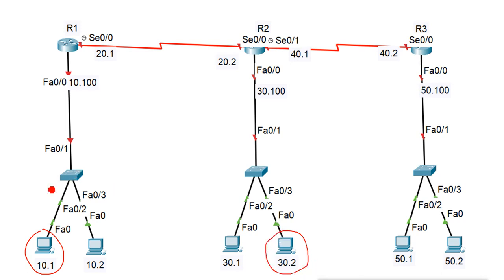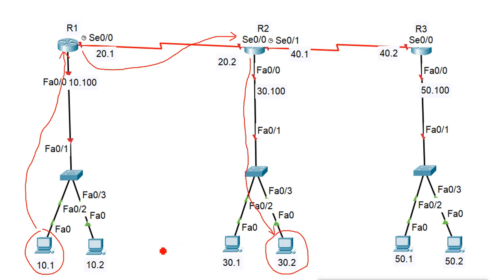The traffic will go from here, and then from here, and then from here to this machine. Remember, the traffic is going from this machine, so this is our source, and the traffic is reaching this machine, that means this is our destination.